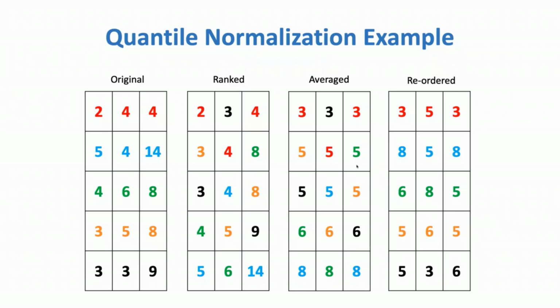Now that we reordered the vectors, this is our quantile normalized expression. To no surprise, because we replaced the rows altogether, all the values in the first row got replaced by 3, and then all the next ones by 5. The distribution of these values is now identical in all the 3 samples, and this is what we wanted to do.